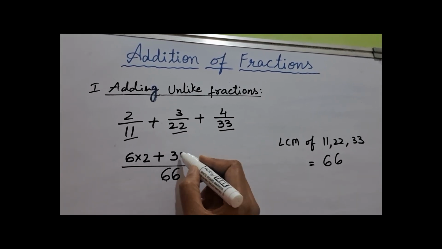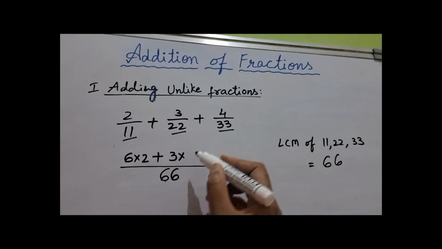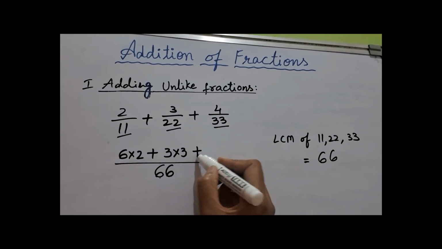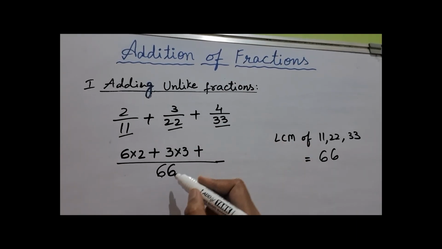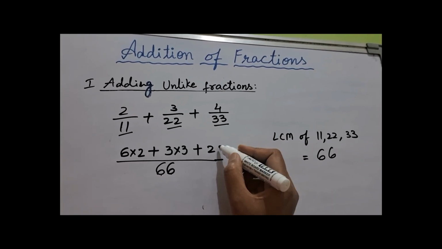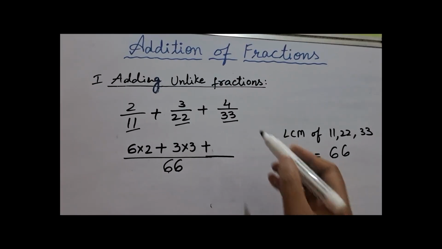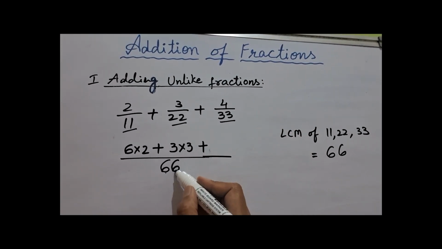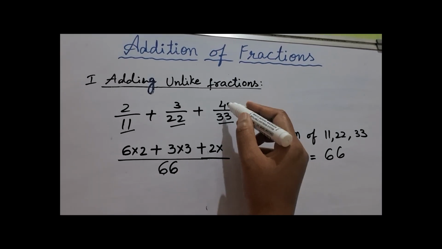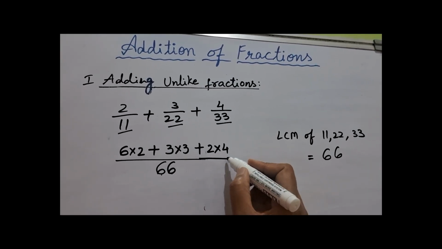So this 3 is multiplied with the numerator 3. Next, plus 33 twos are 66. That 2 you need to write here, multiplied with numerator 4.